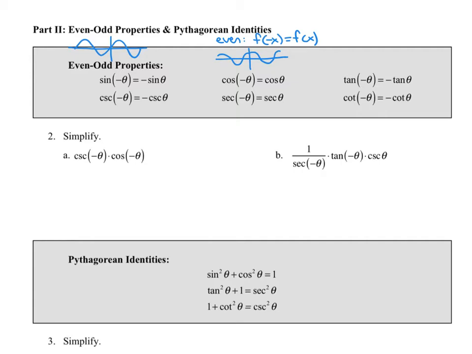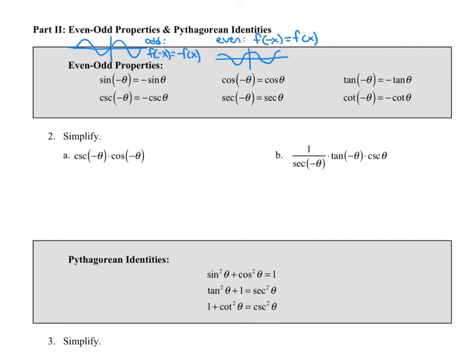If you turn it upside down, it looks the same. So a property of odd functions is f of negative x is equal to negative f of x. So for all of our other four functions, sine, cosecant, tangent, and cotangent, if you take, for example, sine of negative theta, you get negative sine theta. That negative sign essentially moves outside.